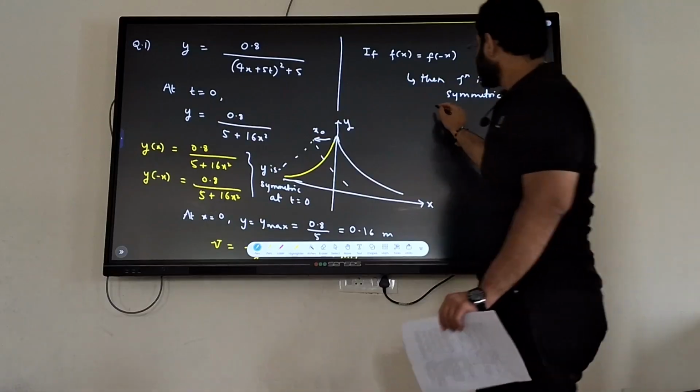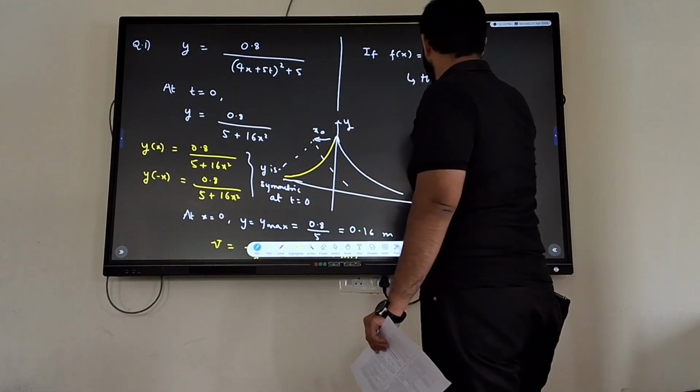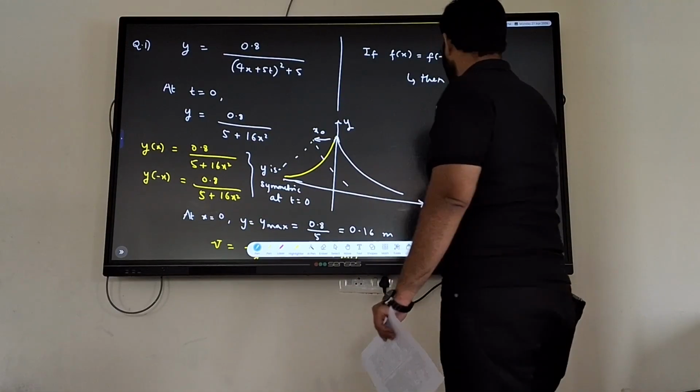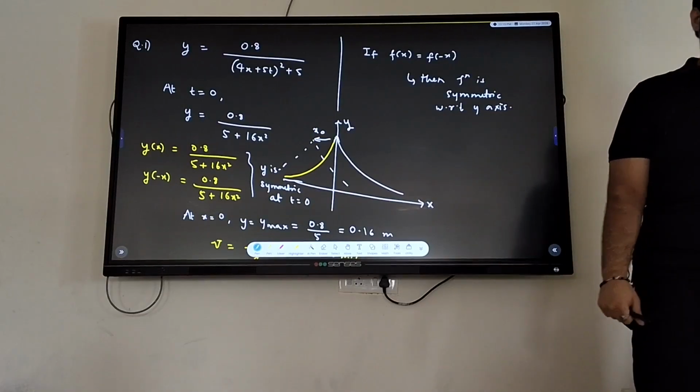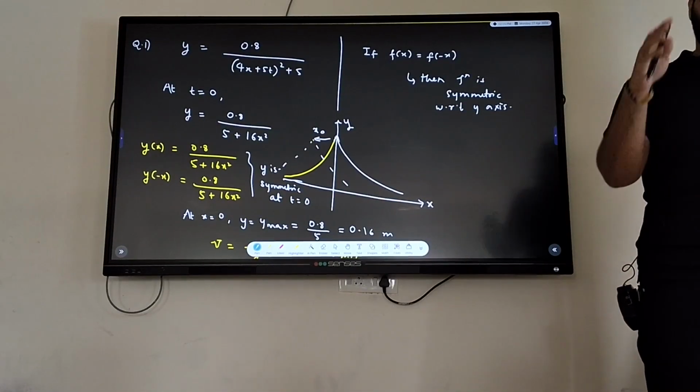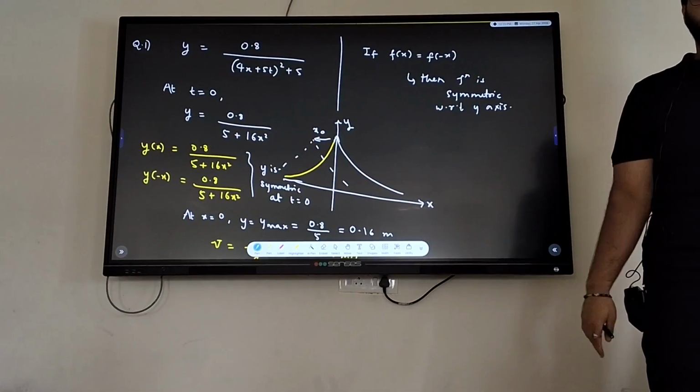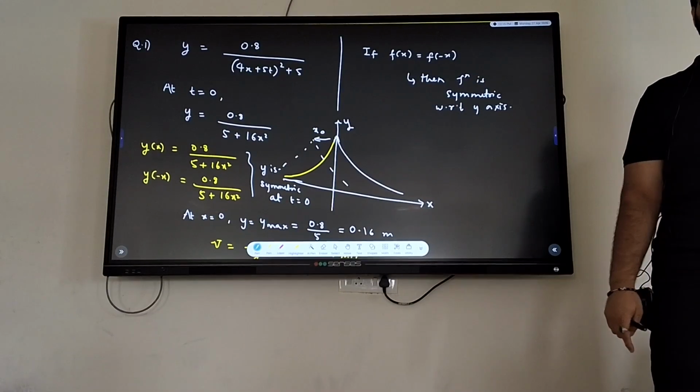Is it okay with respect to the y-axis? As the wave keeps on moving, you will always find one axis with respect to which the graph will be symmetric. Okay?